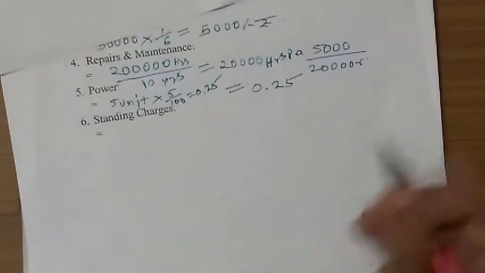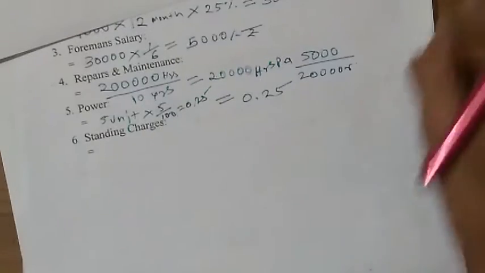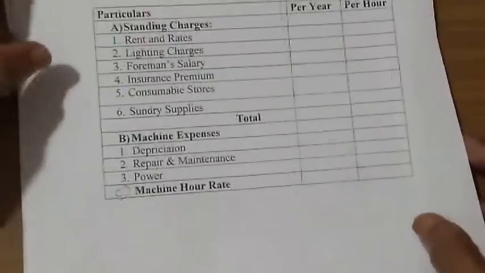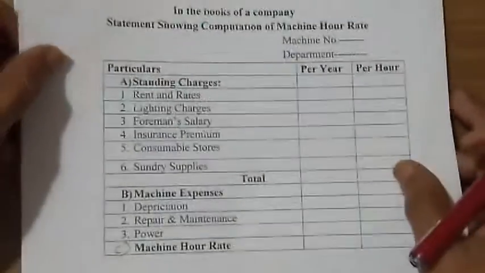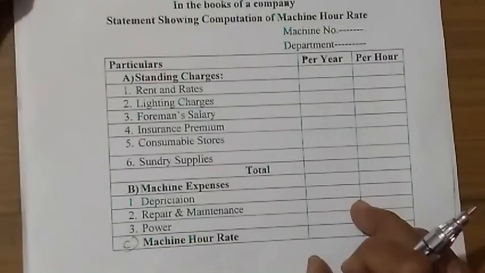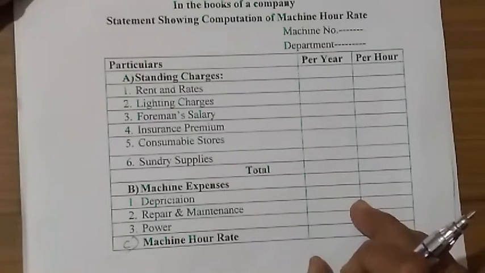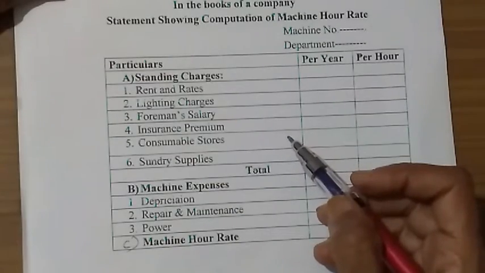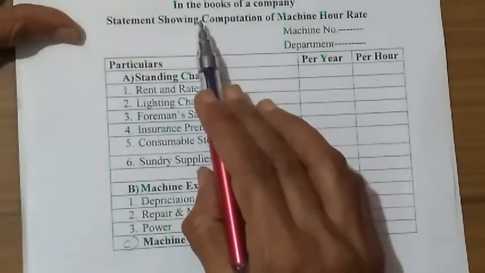Here first we calculate the standing charges and machine expenses. After finding the expenses per annum, we need to find out the machine hour rate.